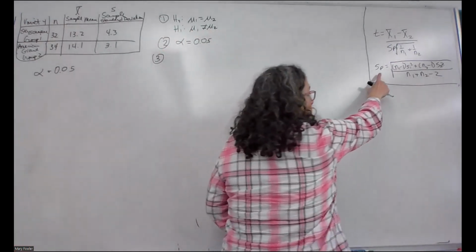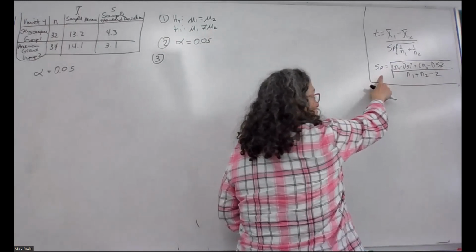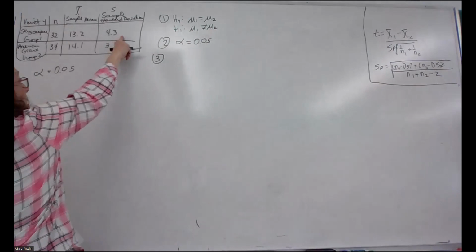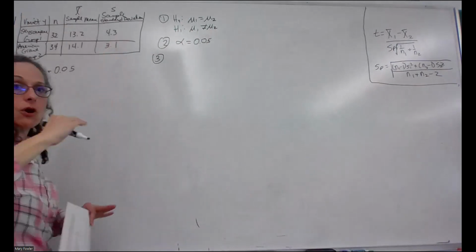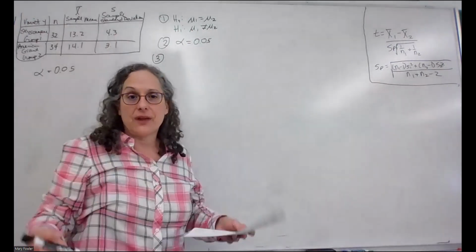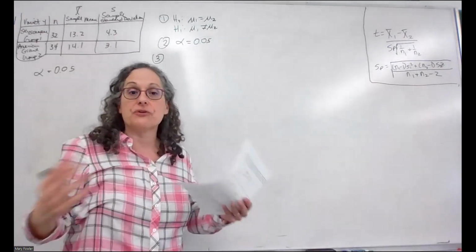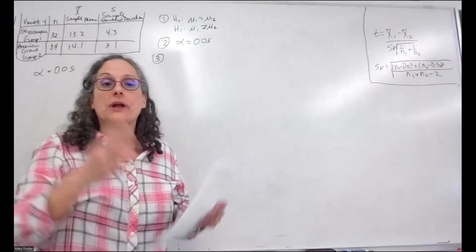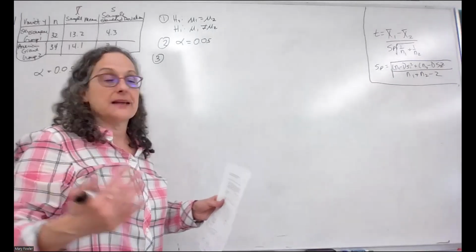So as I said, we're going to use the pooled standard deviation, right? Because in this case, these standard deviations, the larger divided by the smaller is less than 2. And so that means it's reasonable to assume that the underlying standard deviations are equal and we can pool them to get the SP.